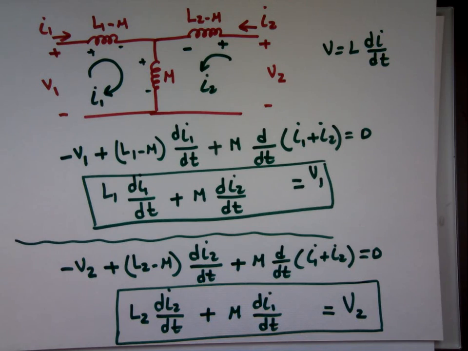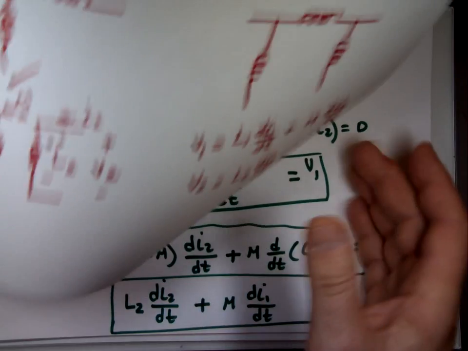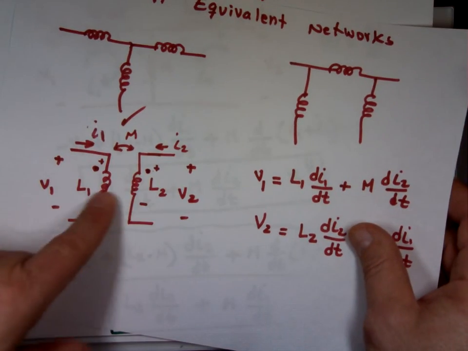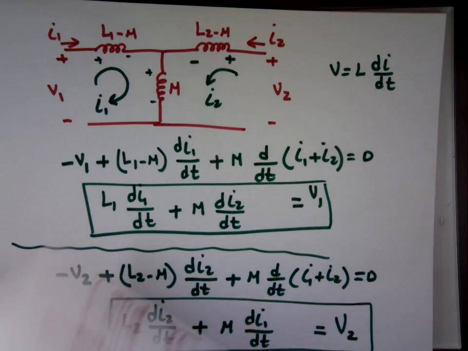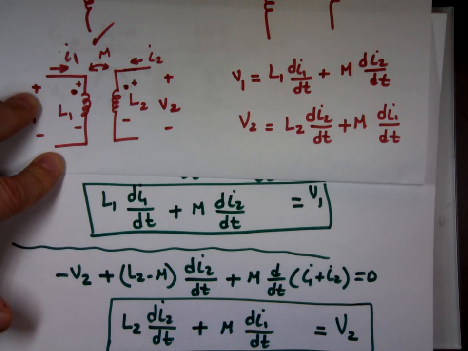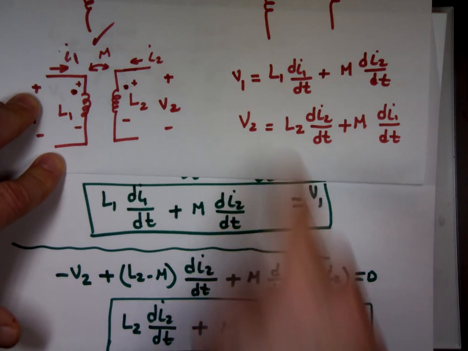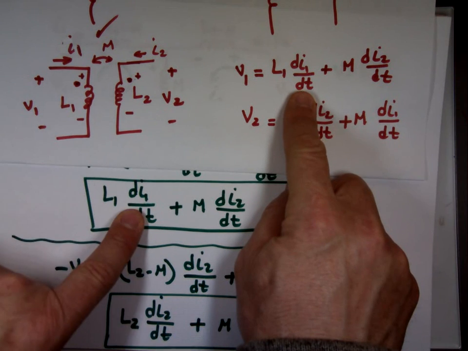I'm curious here about something. Let me pull my first sheet out. I wonder what the equations for this were when I did them. Let me fold this one so you get to see it. What's V1 equal to? L1 di1/dt plus M di2/dt.